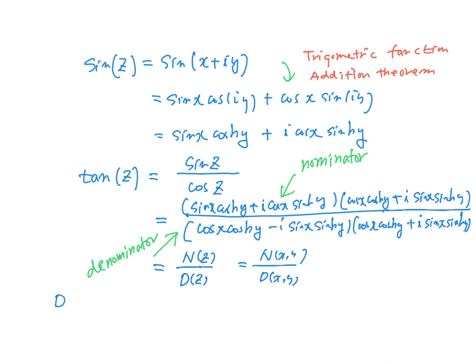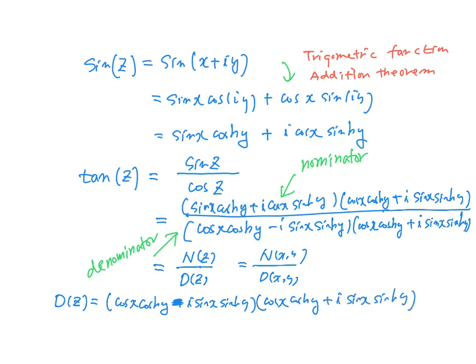Cosine x cosine hyperbolic y plus i sine x sine hyperbolic y, times cosine x cosine hyperbolic y, oh, this is minus, sorry, minus i sine x sine hyperbolic y.